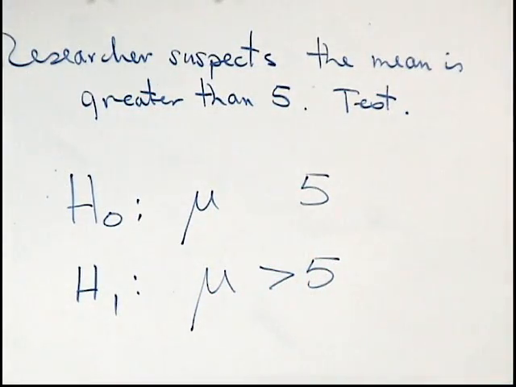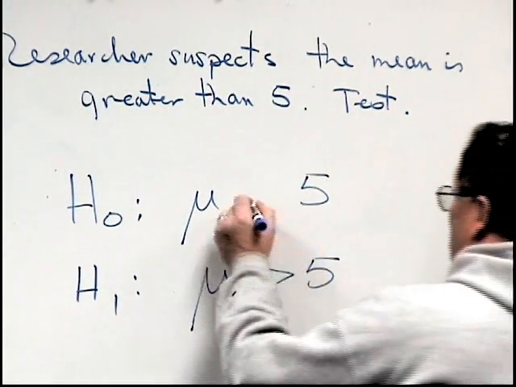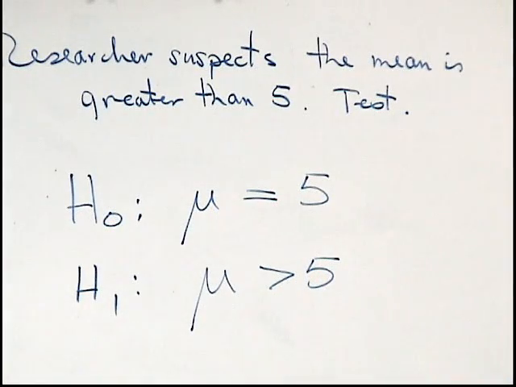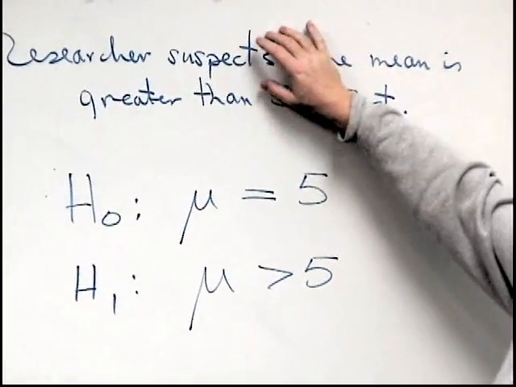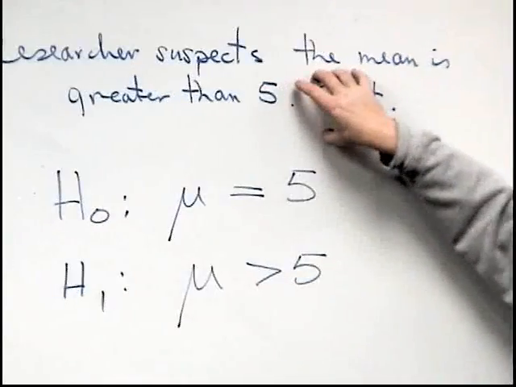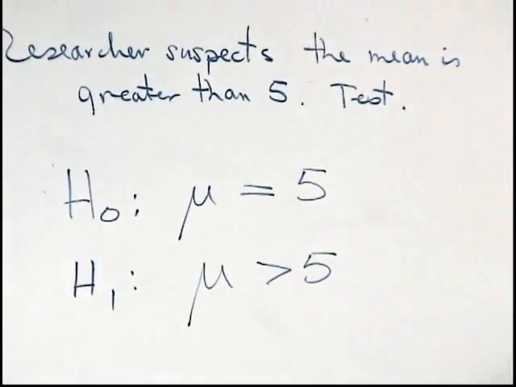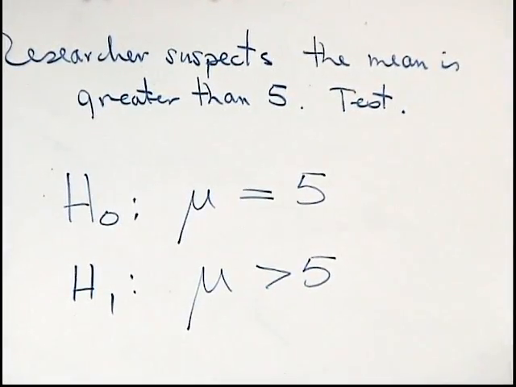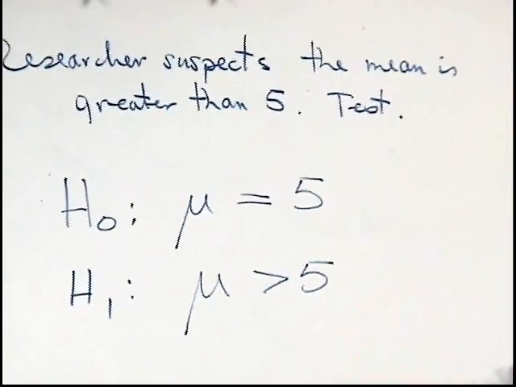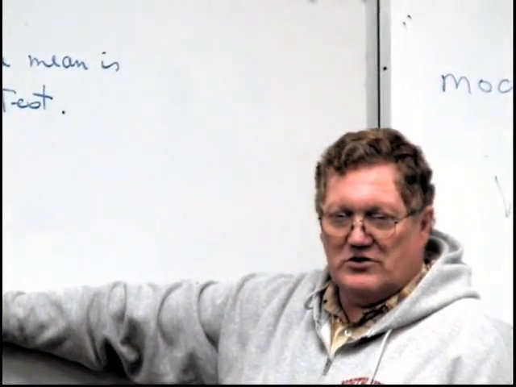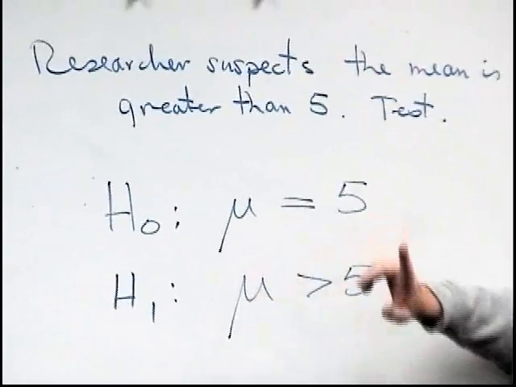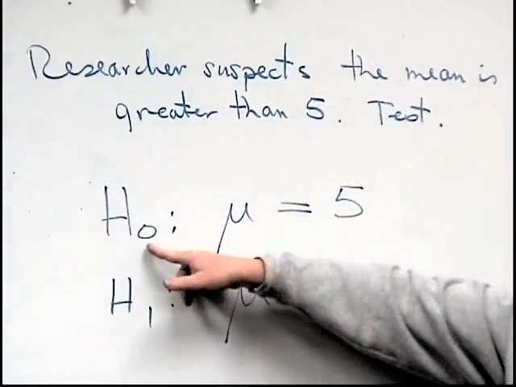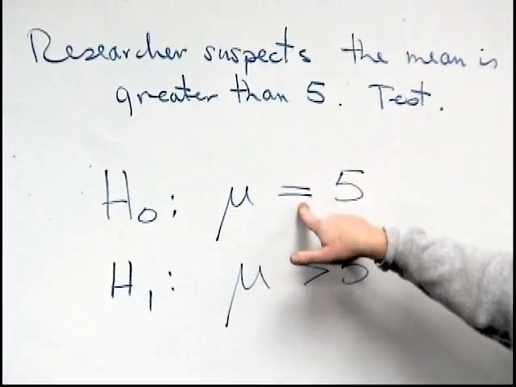Because here's the rule. I'm going to teach you the rule, and this is the easy way to remember. If you're trying to prove something, that's always the alternative. So the researcher was suspecting that the mean was greater than 5. Do you have evidence that it's greater than 5? If you're looking for evidence of something being true, that is always the alternative. The other trick is the null hypothesis always has the equal sign in it.